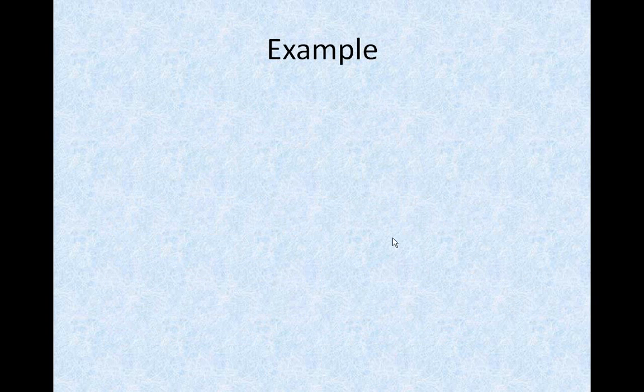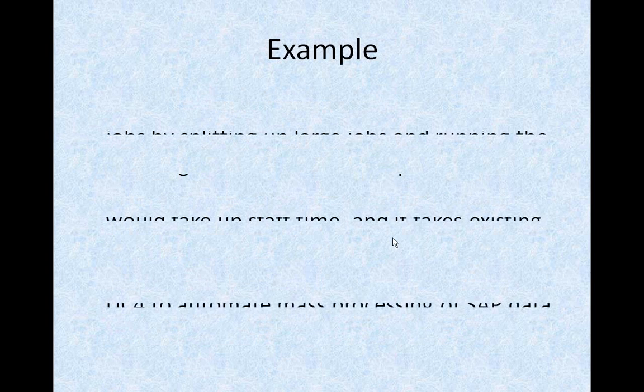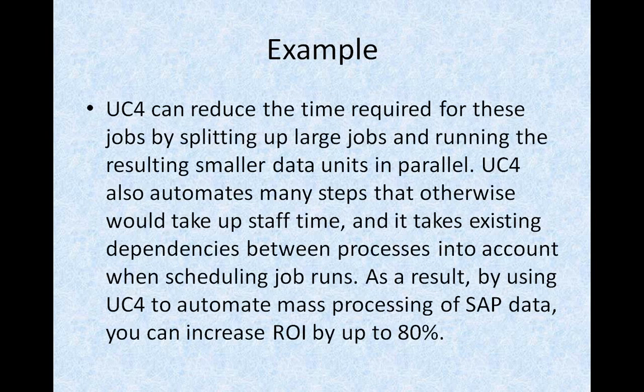So what UC4 can do, this is an example, as I told you, related to SAP and UC4. This is valid for any other ERP applications with any other job application tool you are using. UC4 can reduce the time required for these jobs by splitting up large jobs and running the resulting smaller data units in parallel. This is very important in an SAP BW, or business warehouse, scenario, where you are creating reports for the management, containing a high level of financial data.